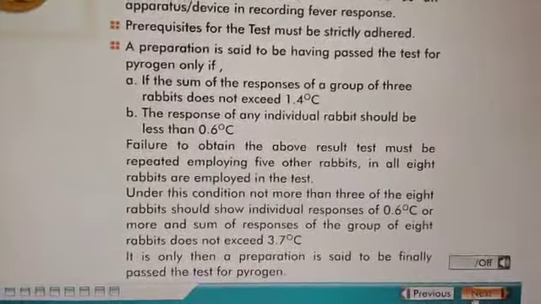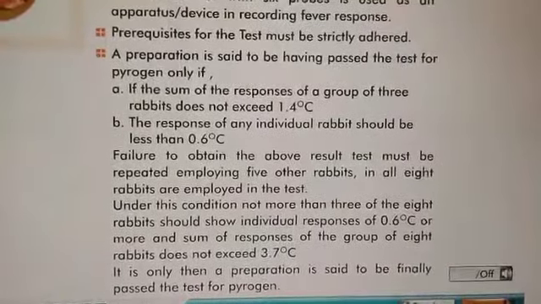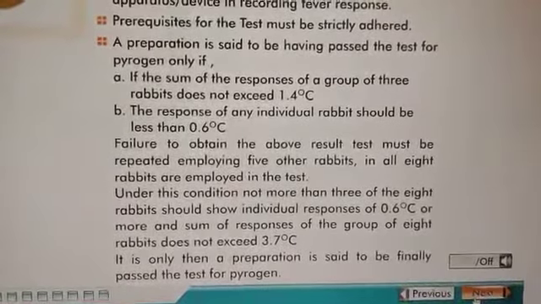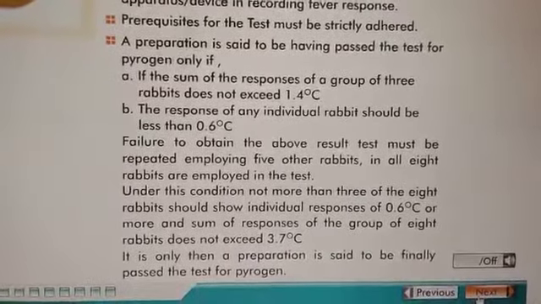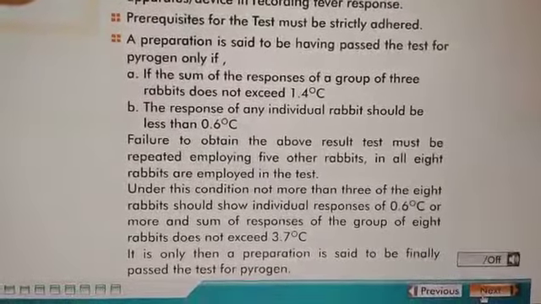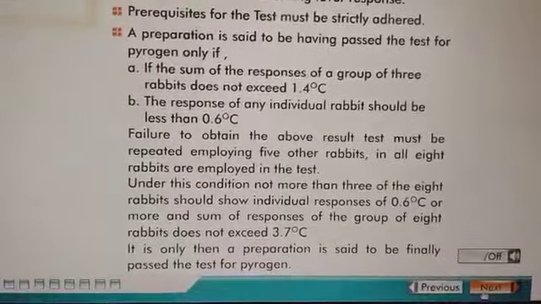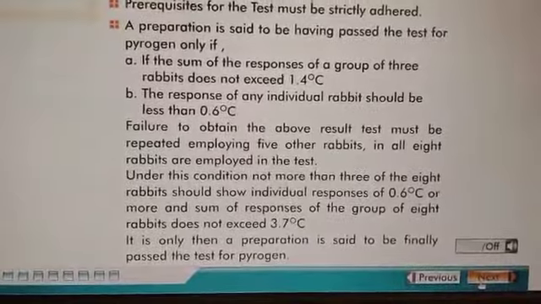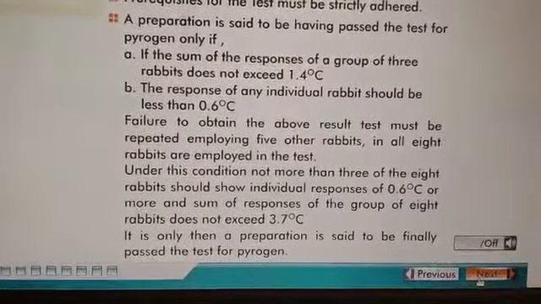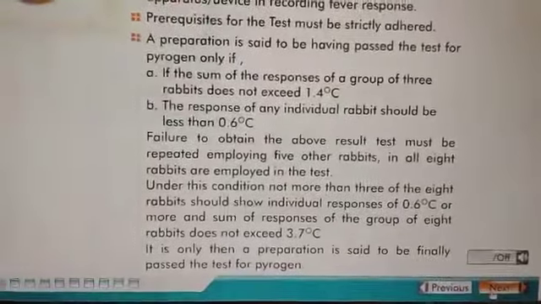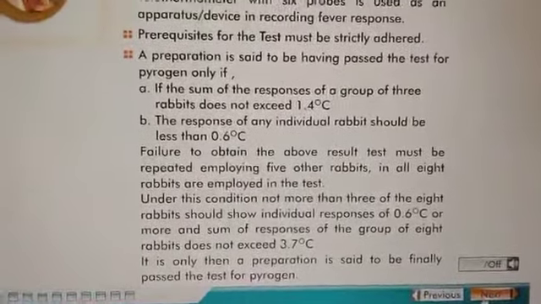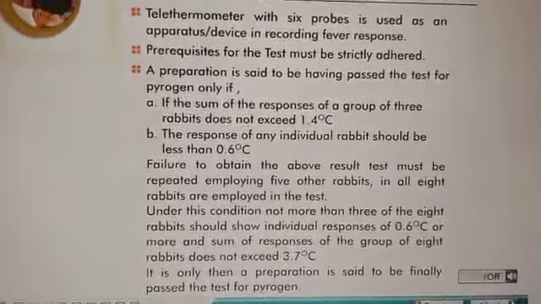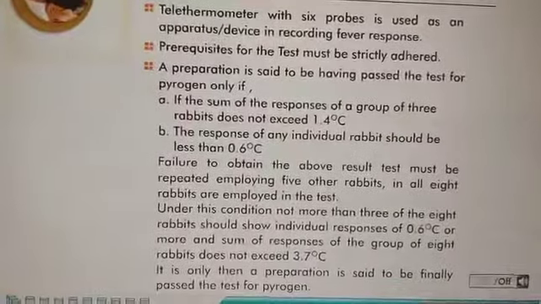In all, 8 rabbits are employed in the test. Under this condition, not more than 3 of the 8 rabbits should show individual responses of 0.6 degrees Celsius or more, and the sum of responses of the group of 8 rabbits should not exceed 3.7 degrees Celsius. Only then is a preparation said to have finally passed the test for pyrogen.